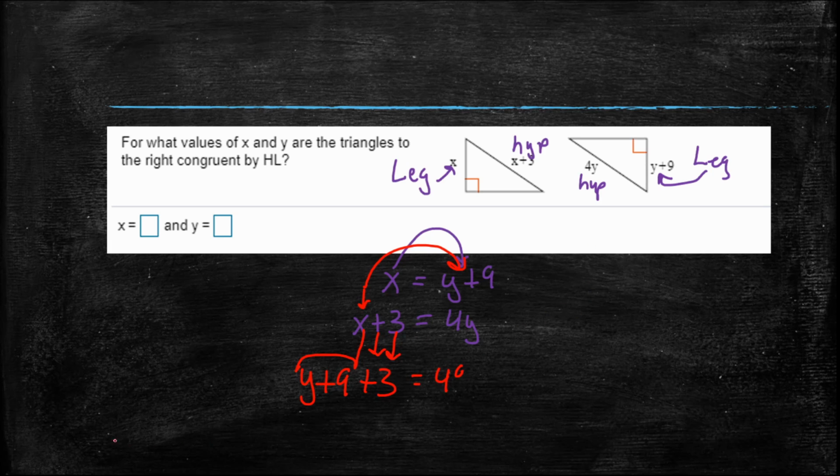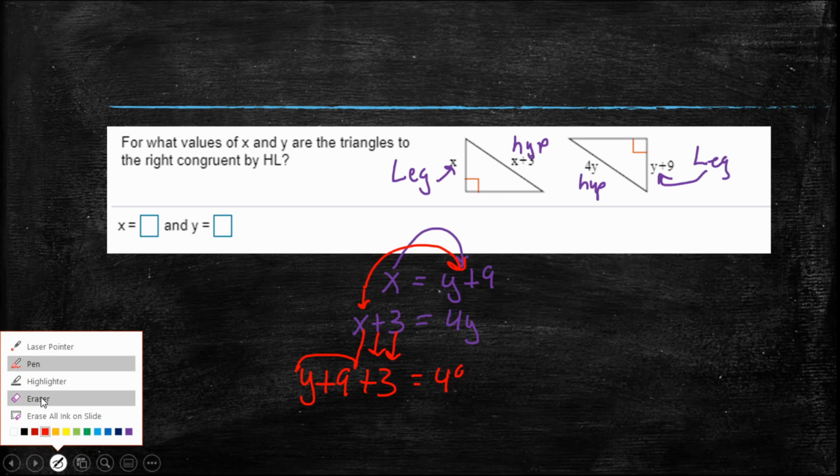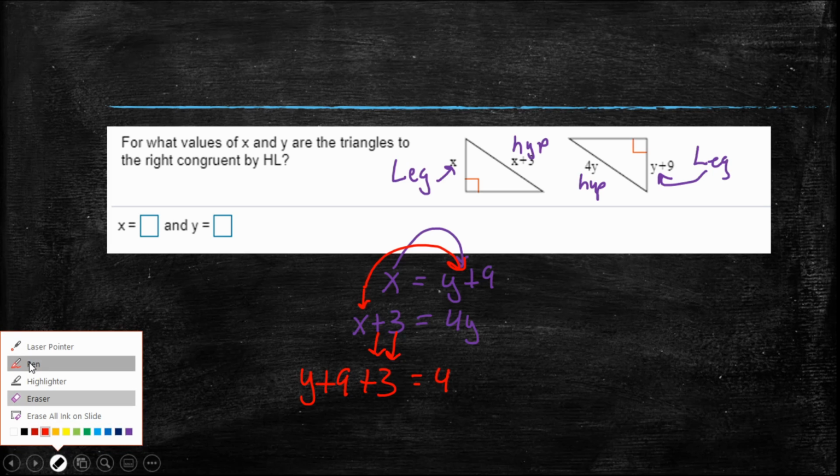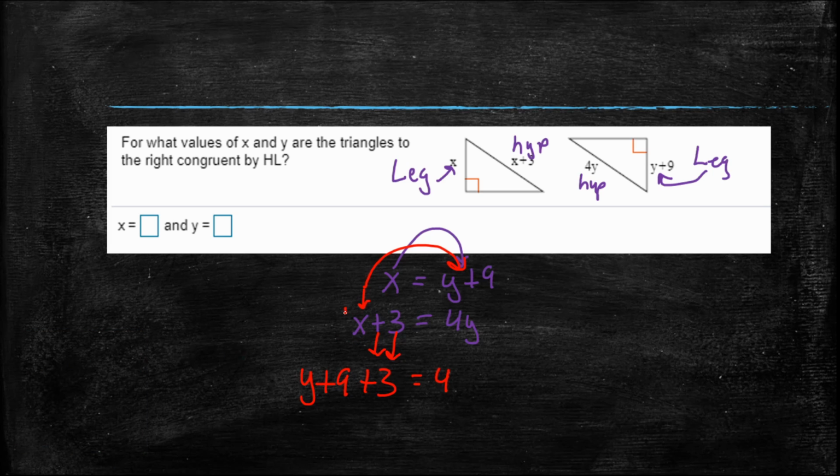Let's do a little cleanup here. I don't like the way that looks, and I definitely don't like the way that looks. So, again, my x is y plus 9 plus 3 equals 4y.